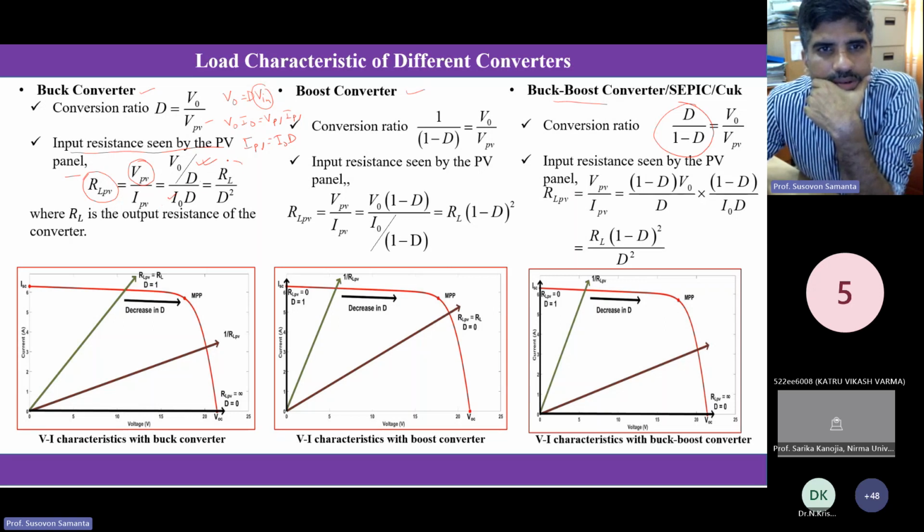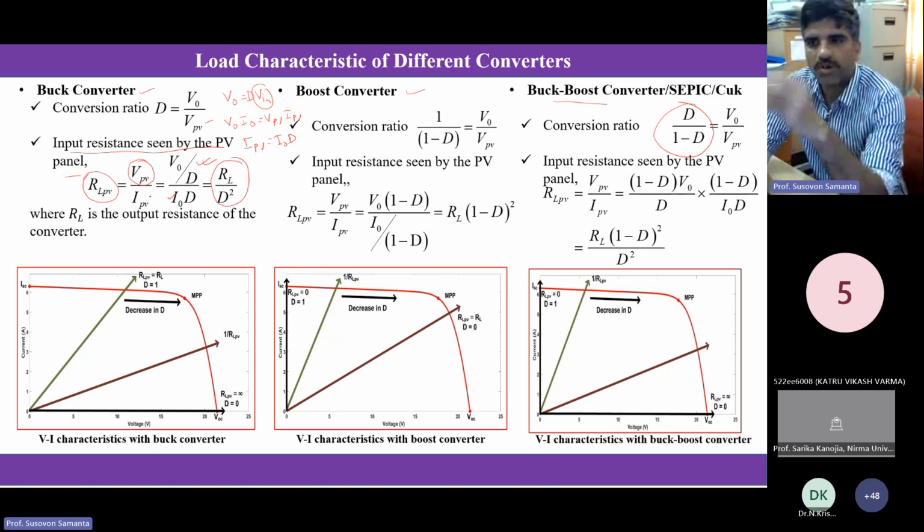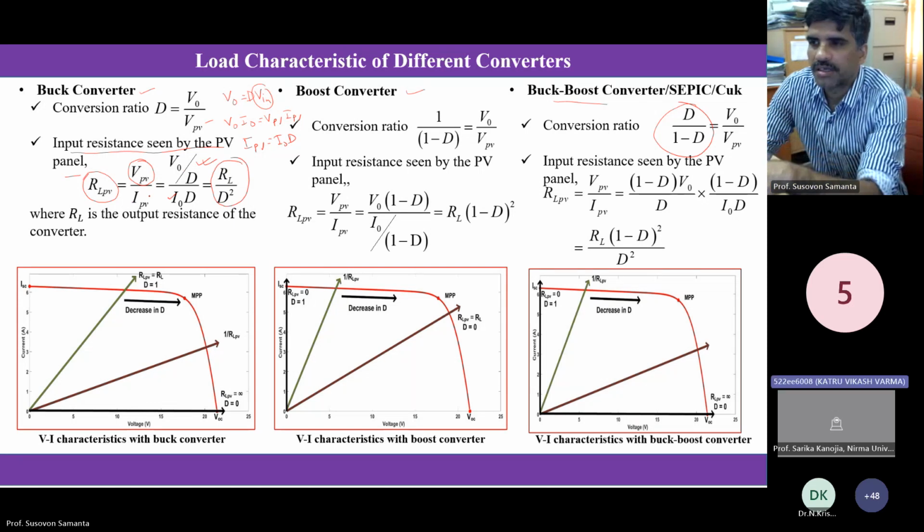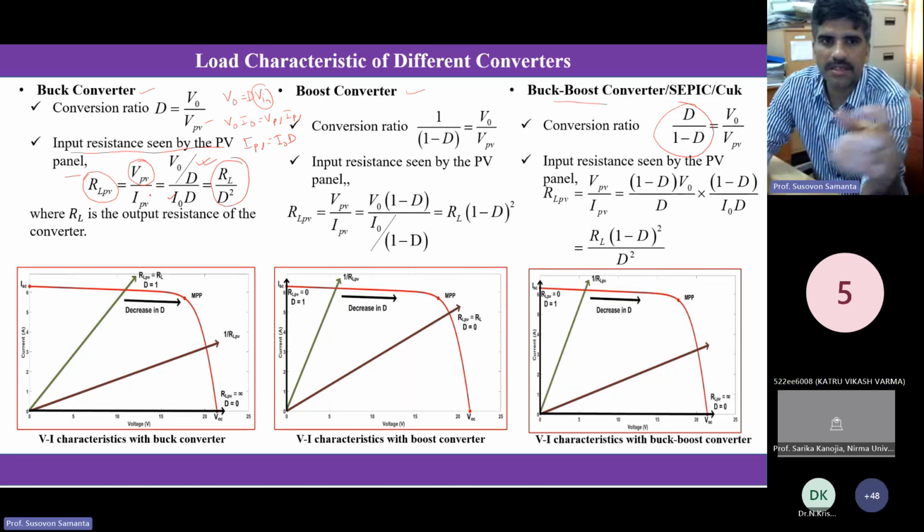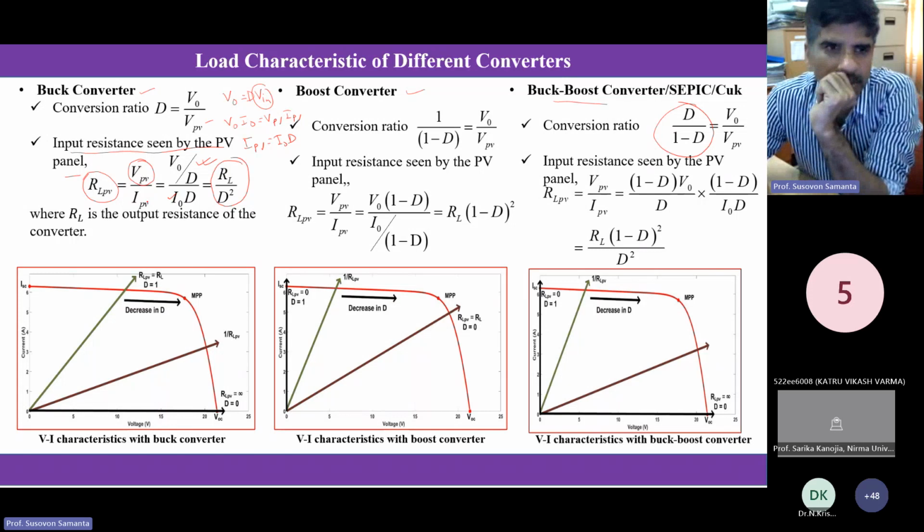It is nothing but RL by D square. So the load resistance on the output side is seen by the panel as RL by D square, where D is the duty ratio of that converter.